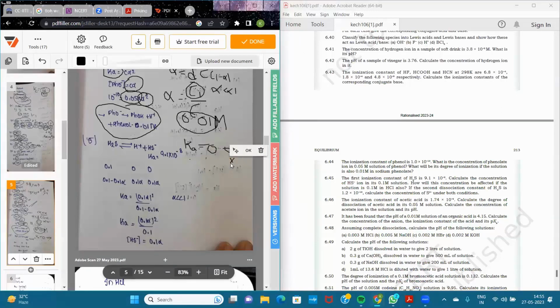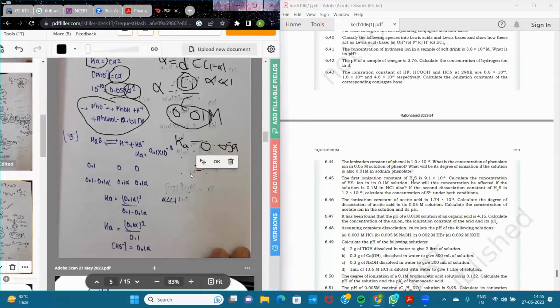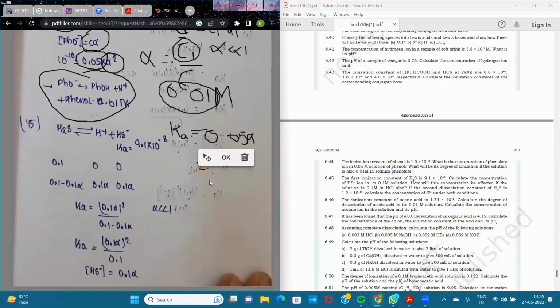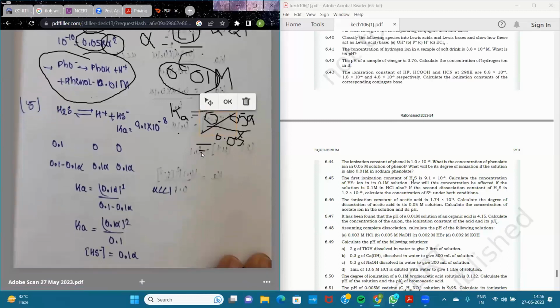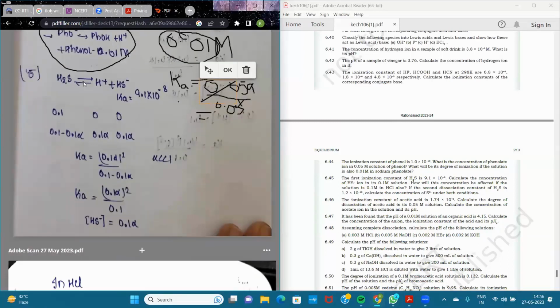As the contribution from phenol is very small, we can neglect it and take the contribution from sodium phenolate itself. The equilibrium concentration of phenol is 0.05 into 1 minus alpha, but alpha is very small, so we'll neglect that. 0.05 alpha is cancelled here. We can obtain the degree of dissociation value for the second condition. And we'll go on with the next question.